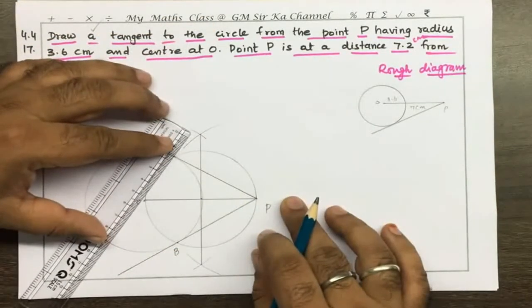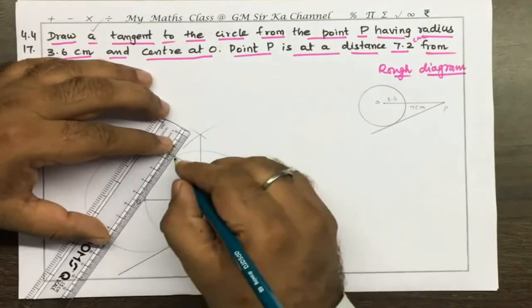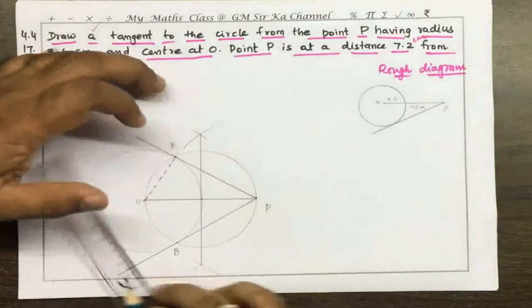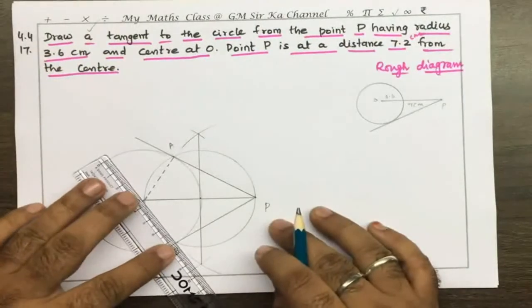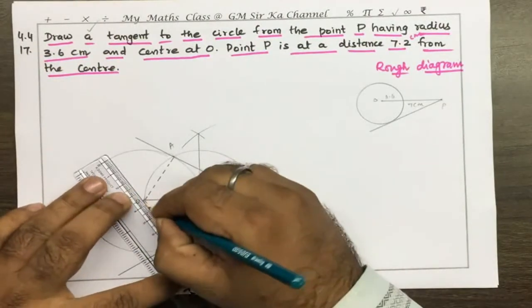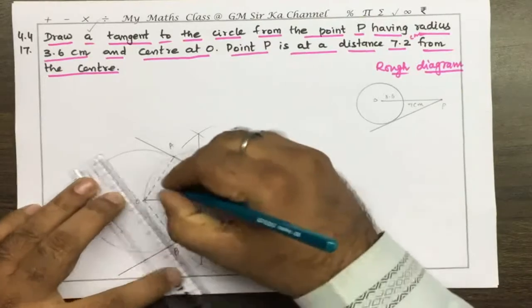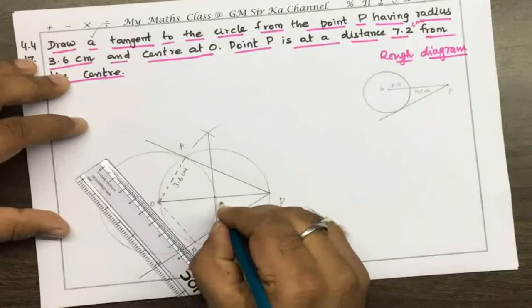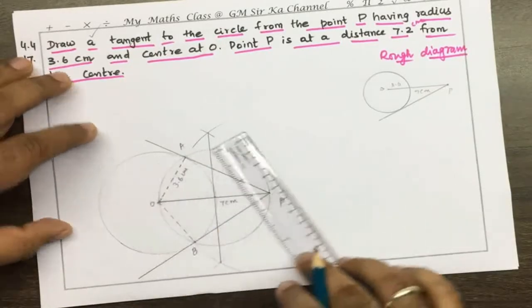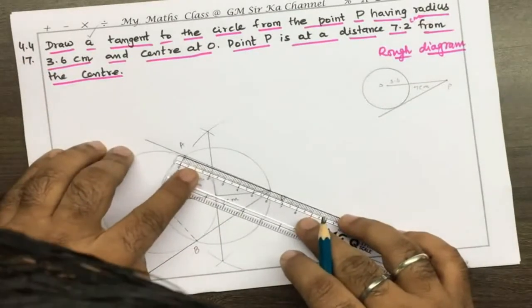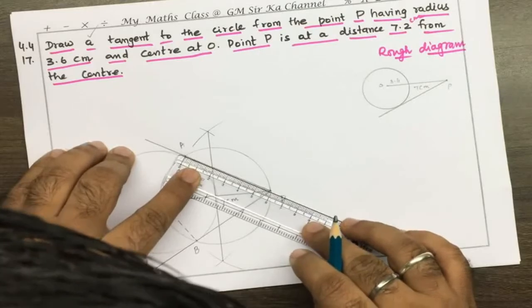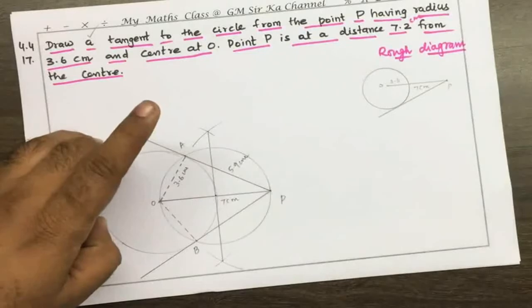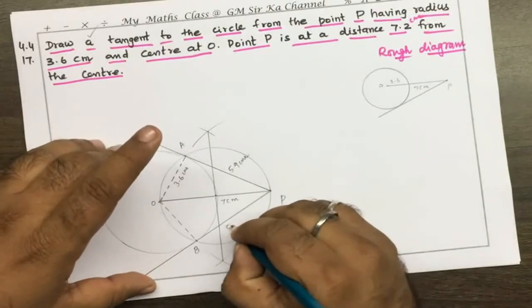We have the radius 3.6 centimeter, OP is 7 centimeter, and PA is 5.9 centimeter, the length of the tangents.